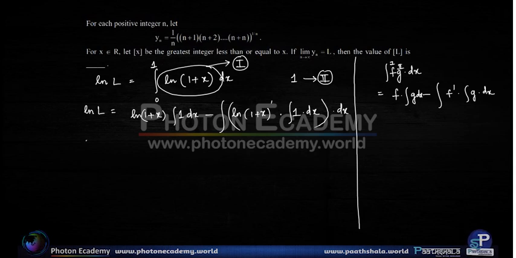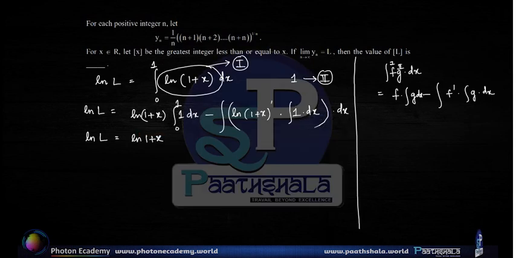So this transforms as ln L is equal to ln(1 plus x) into x, with limits 0 to 1, minus the integration from 0 to 1.